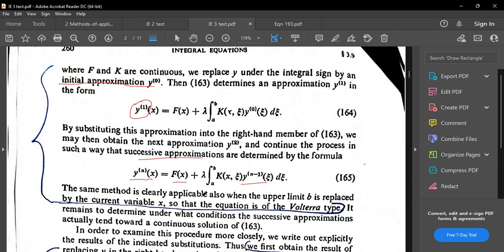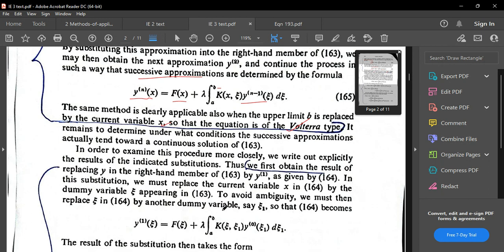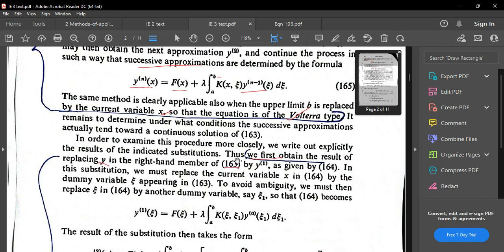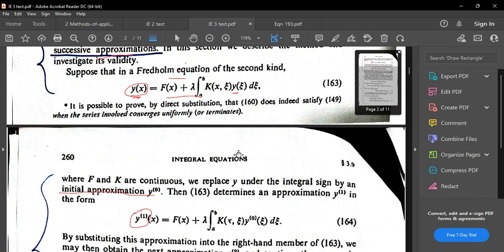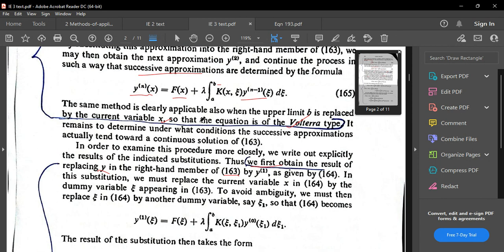If this b is replaced by x, we will get the equation for Volterra type. This is the same for Volterra type also. So what will we get for the first iteration? We first obtain the result by replacing the y in the right hand side of 163, the fundamental equation, by y1 in the right hand side member.